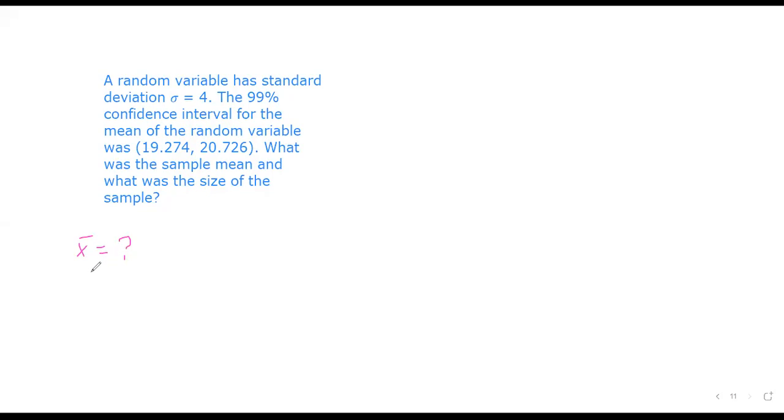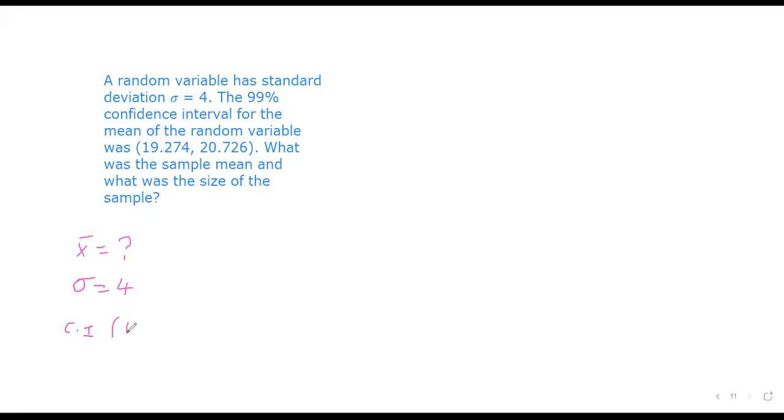Standard deviation. We're given a standard deviation of 4. Somebody else? Confidence interval. What is the confidence interval we're given?